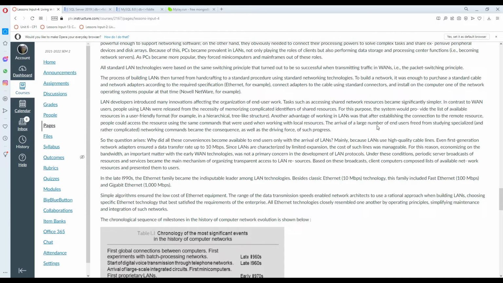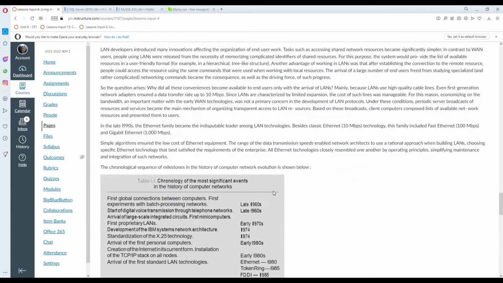The other advantage of working in LANs was that after establishing a connection to the remote resource, people could access the resource using the same commands that were used when working with local resources. The arrival of large numbers of end users freed from studying specialized and rather complicated networking commands became the consequence, as well as the driving force, of such progress.